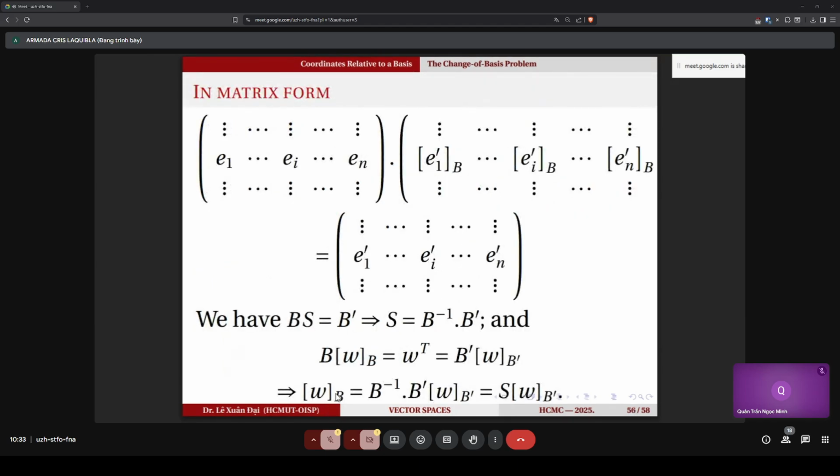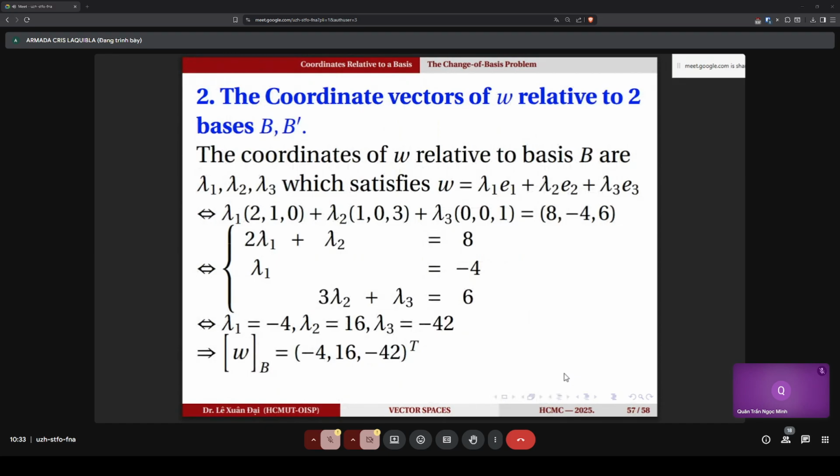Since WB is equal to S times WB prime, to get WB prime, just transfer the S to the other side, and that is S inverse, correct? The WB prime is equal to S inverse times your WB. And now question, what is your S inverse?